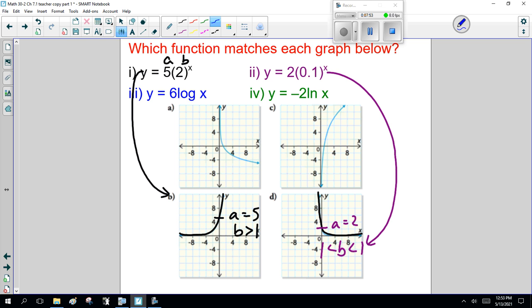Y equals 6 log x. All right, so this one and this one are both log graphs, but only one of them is increasing, because this one is decreasing. Okay? So far, so good-ish? Okay.